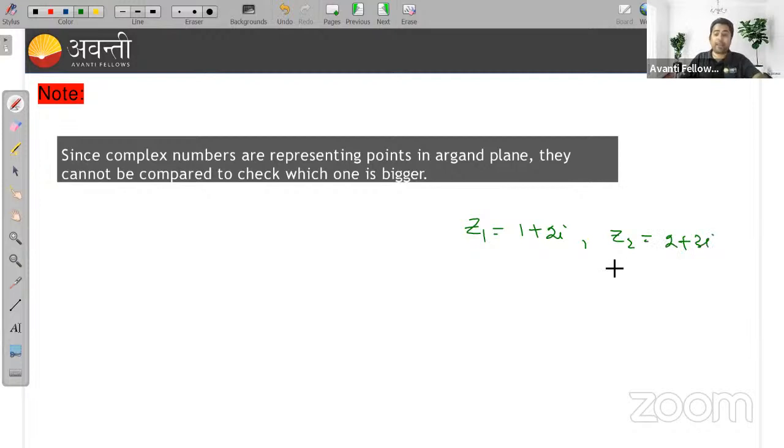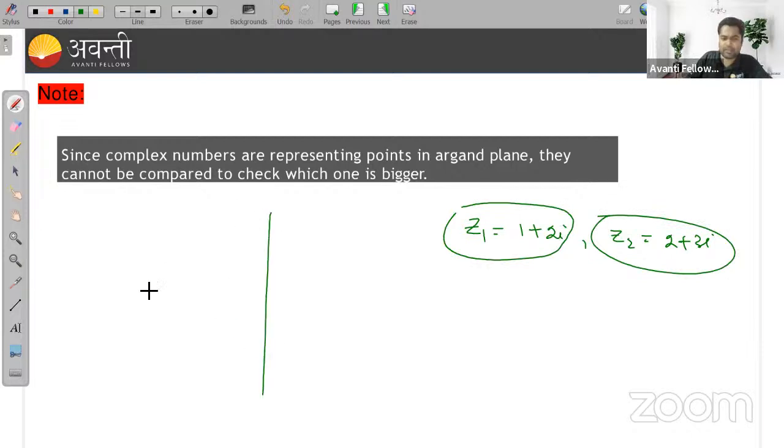We cannot compare these two numbers. We cannot say which one is bigger or which one is smaller. That is wrong. We cannot compare two complex numbers. Why? Because they represent points in an Argand plane.